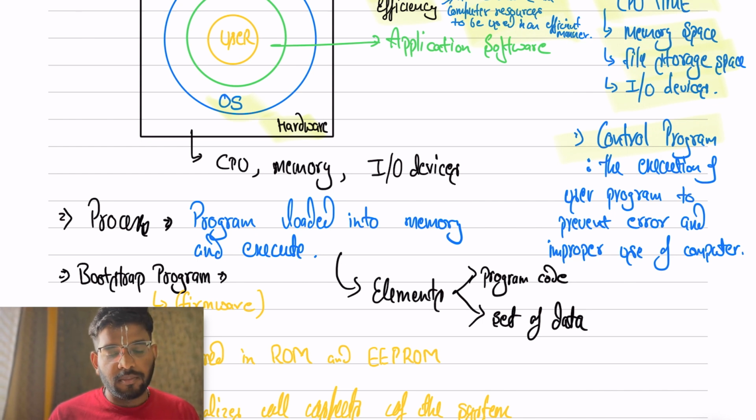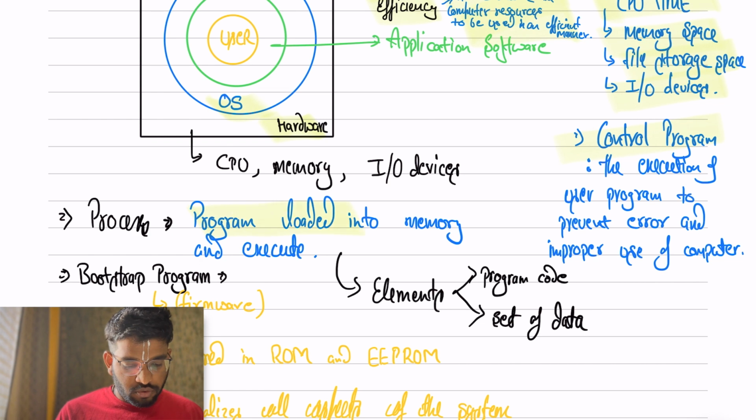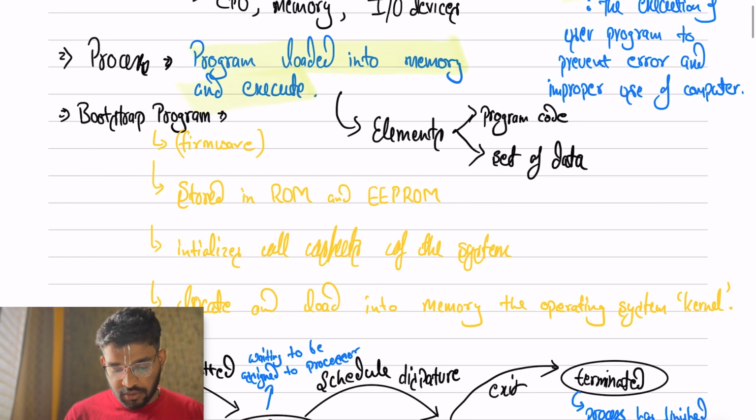But a process is something which is compiled and loaded into memory. So a process is always in memory, and a program resides in secondary storage. So here is the definition: a process is a program which is loaded into memory and executes.